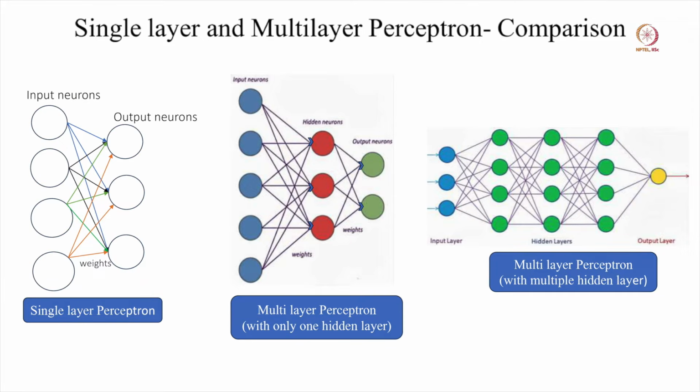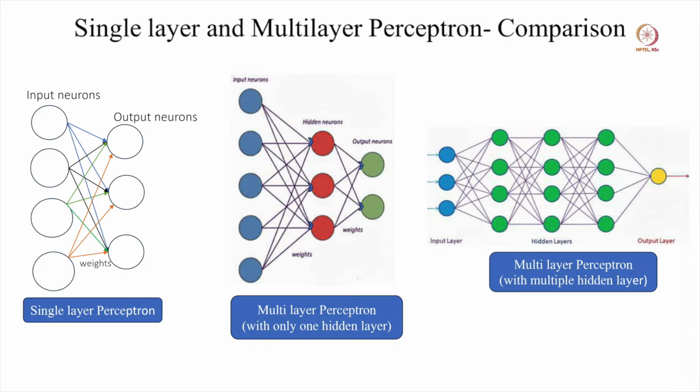Whereas, in multi-layer perceptrons, the input layers are connected to the neurons in the hidden layers, and they are connected to output neurons. Okay? So, what happens is there is a hidden layer of neurons between the input and the output.